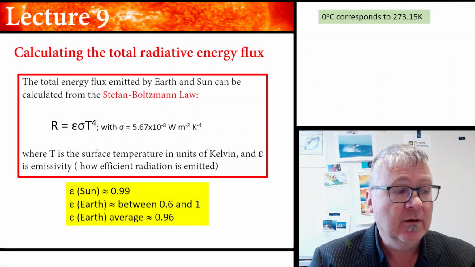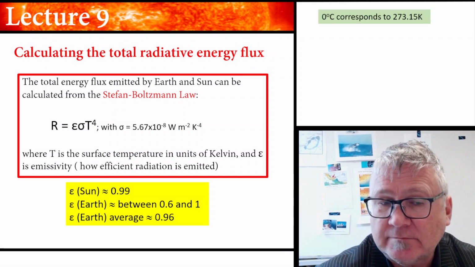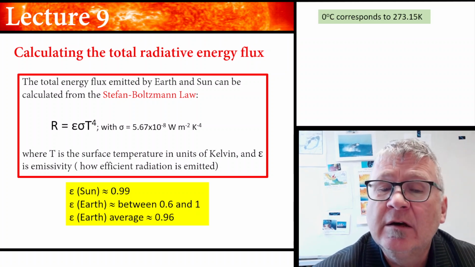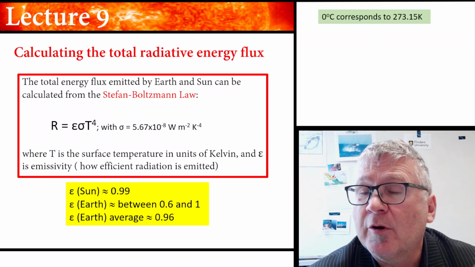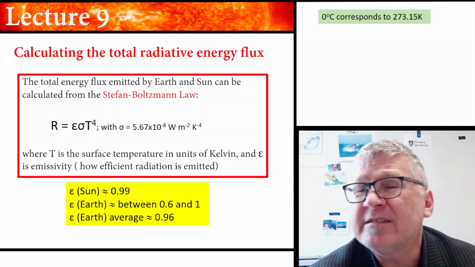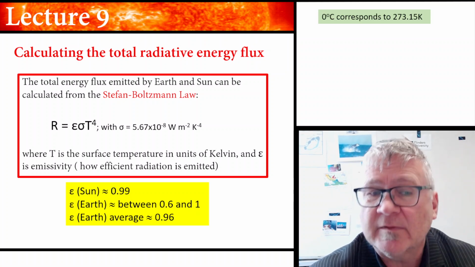Okay. Well, luckily there is the Stefan-Boltzmann law that you can use to calculate the total energy flux emitted not only by Earth but also by the Sun. Okay? But for the Sun we don't need to do it because we already know what it is. Okay?